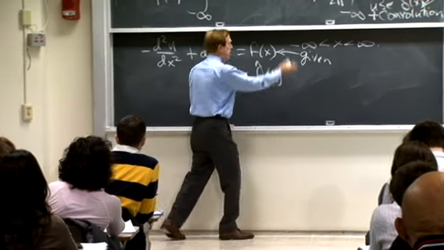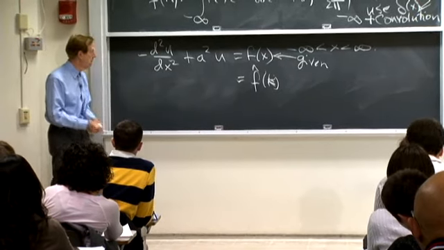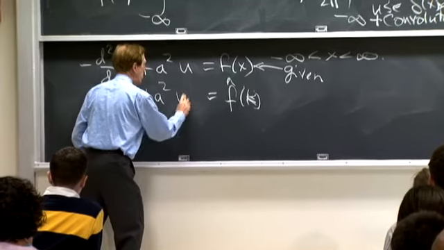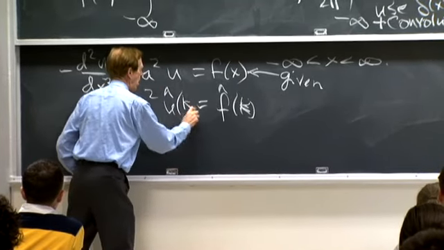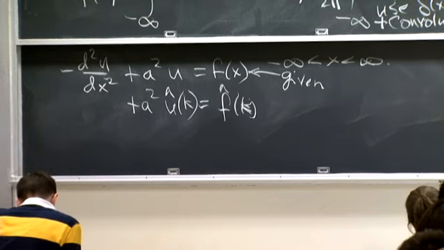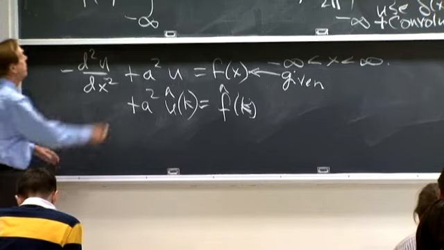And here our boundary conditions are nice. They just go to 0 fast. Okay, so the transform of this is that's a constant, u hat of k. And what's the transform of that? So this is our chance to use probably the most important rule for Fourier integrals.